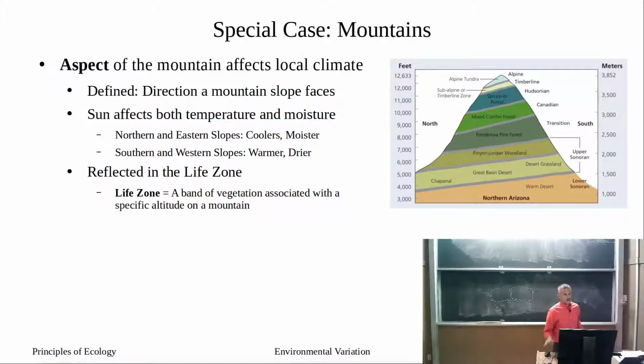And you say, hold on, doesn't east and west receive about the same amount of sun? And I'd say, yeah, it does. However, the east slope receives its sun first thing in the morning, when it's much cooler. By the time the west slope gets that sun, it's warmer. You're going to see higher evaporation rates, which means our southern and western slopes are going to be warmer and drier. And that gets reflected in our life zones. So we see these banding patterns.